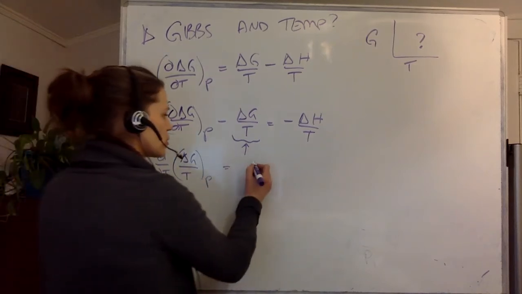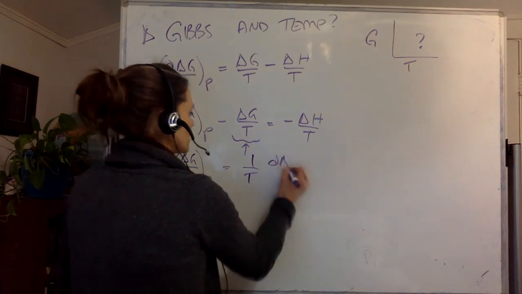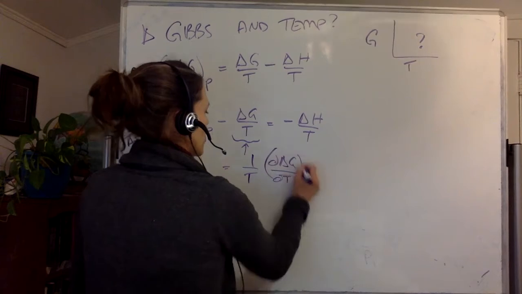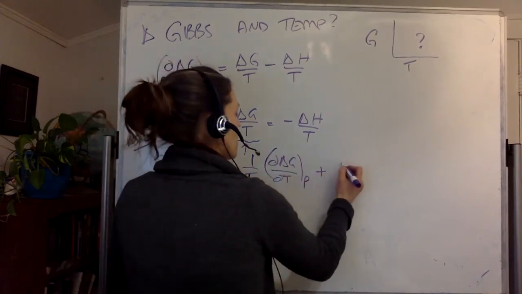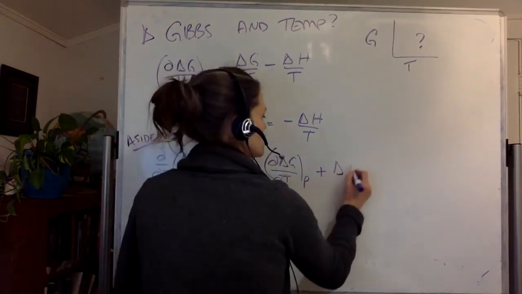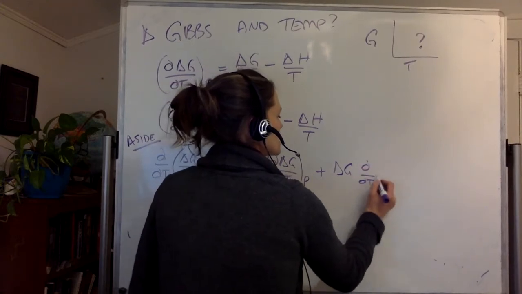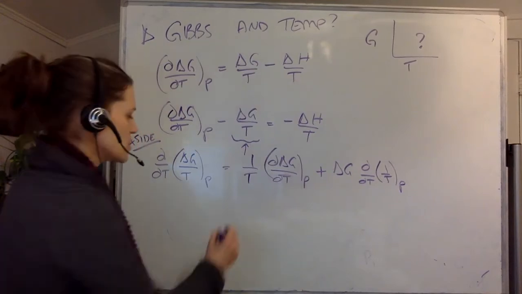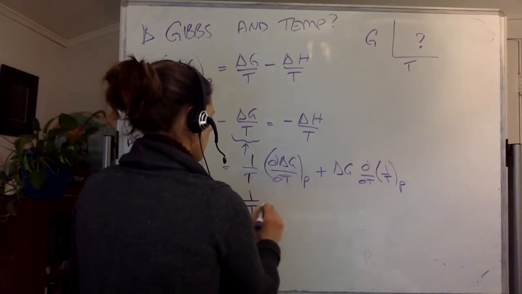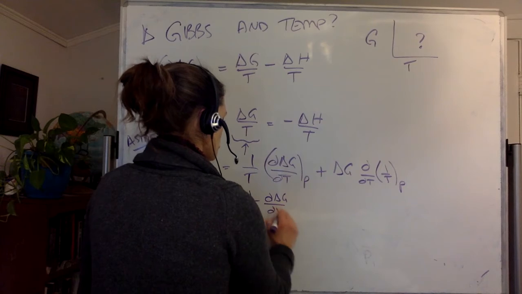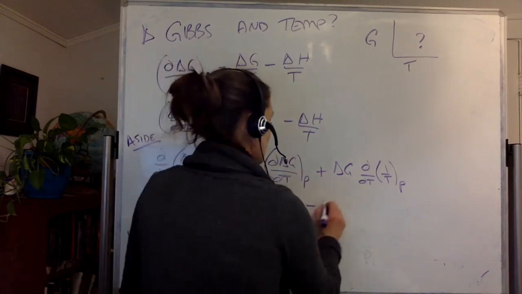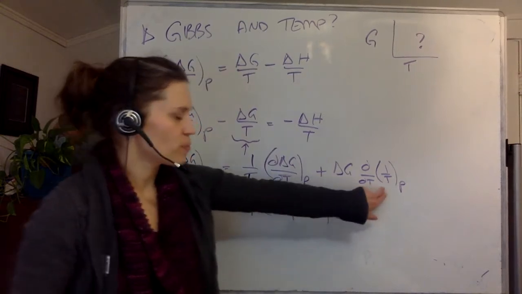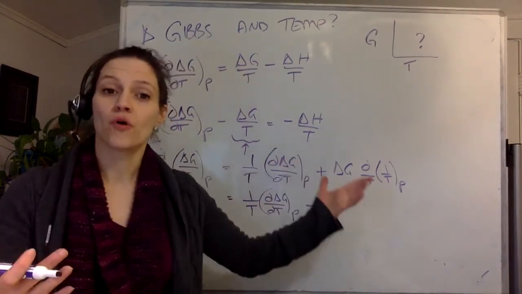Okay, so product rule, I've got 1 over T partial delta G over T, partial T at constant P, plus delta G partial T of 1 over T at constant P. So this equals, I'm just going to rewrite this part, 1 over T partial delta G partial T at constant P minus delta G over T squared, because if I were to take the partial derivative of 1 over temperature, that gives me a negative 1 over T squared.